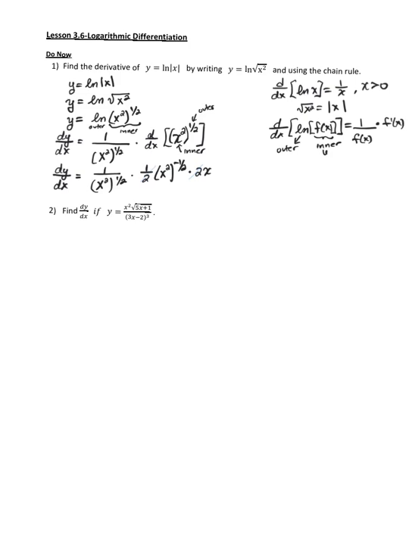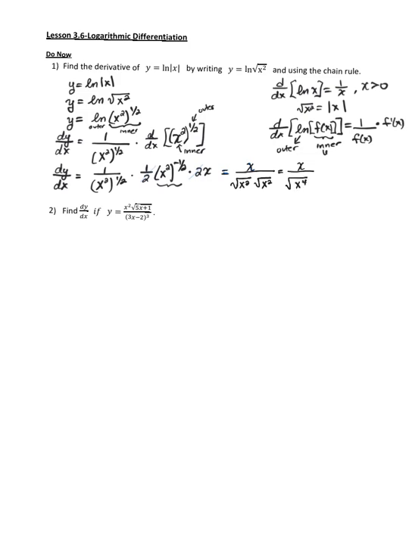So we would end up with x over the square root of x squared, and then this piece would go in the denominator, which is another square root of x squared, which can be rewritten as the square root of x to the 4th.